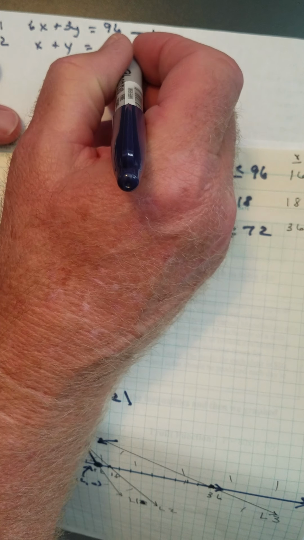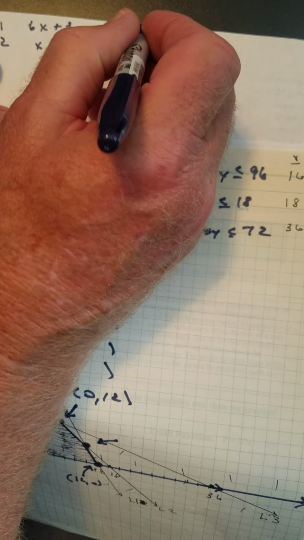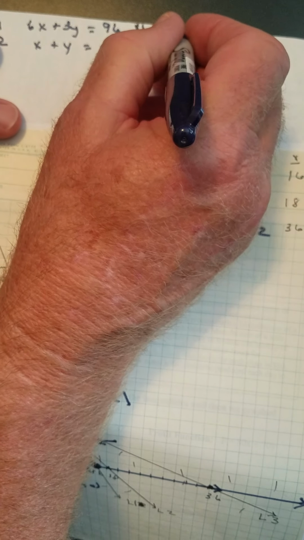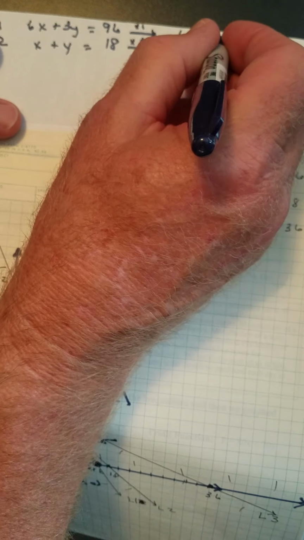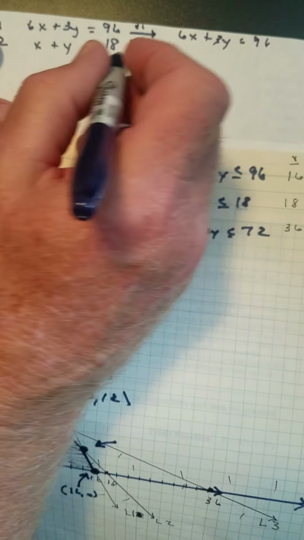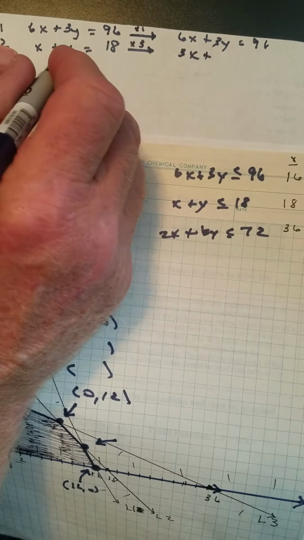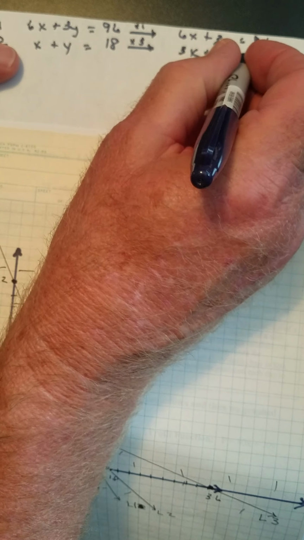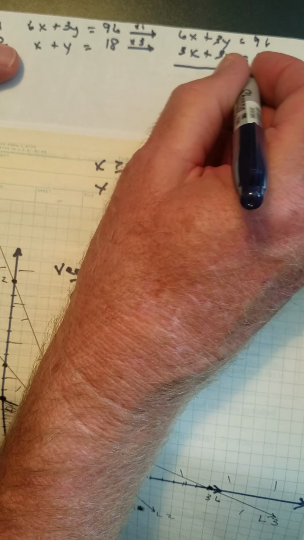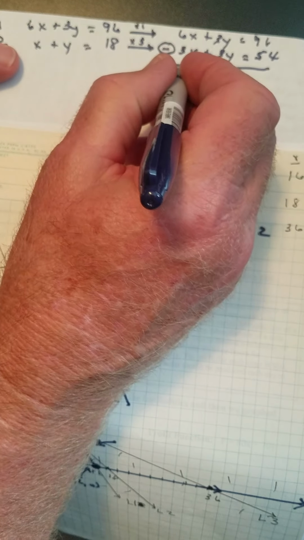Okay, so let's say I want to solve this, and I'm going to use linear combination. I'll keep the top one the same, and I'll multiply the bottom one by 3. So your top is going to stay 6x plus 3y equals 96. And the bottom, I'm going to multiply 3 times x, so that's 3x, plus 3 times y equals, and 3 times 18 is 54. So when I subtract those, 6x minus 3x is 3x.